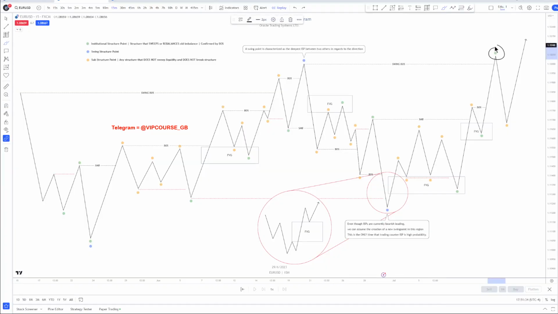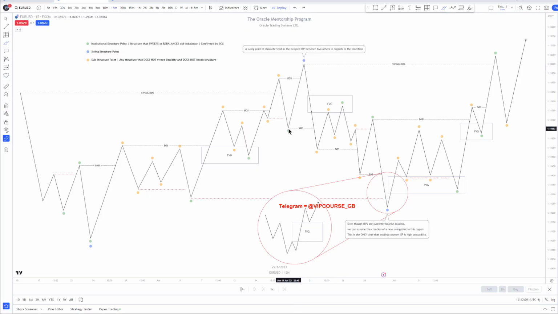Notice this is not a green dot. Why isn't it a green dot? Because we don't have another green dot or another ISP that is lower to the right and another one that is lower to the left. So we still assume here that structure is continuing bullish until we break down and create a lower ISP to the left. We assume that swing structure is not complete in its formation and we should continue up, right?